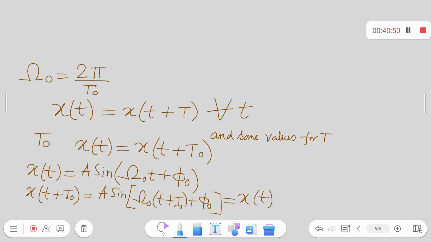They repeat themselves after a certain period. The minimum value of this T, because it might get repeated after 2 T naught, 3 T naught, 4 T naught, 5 T naught, is known as T naught, the fundamental period.